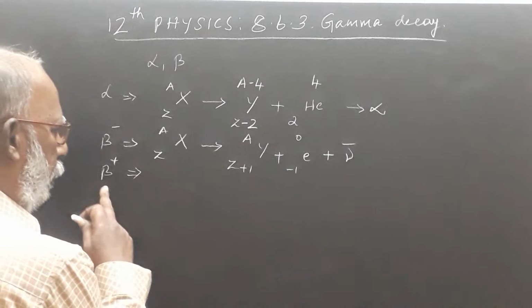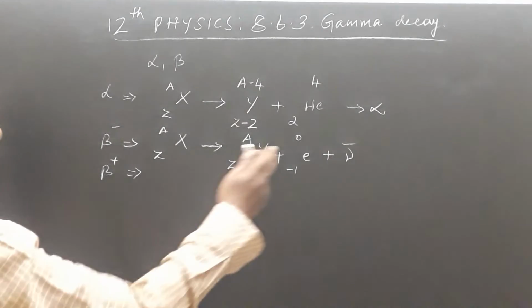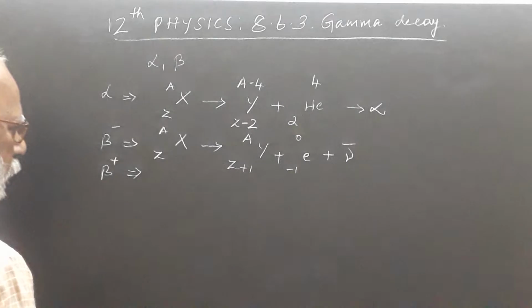When we say positron emission, the antiparticle of electron is called positron.